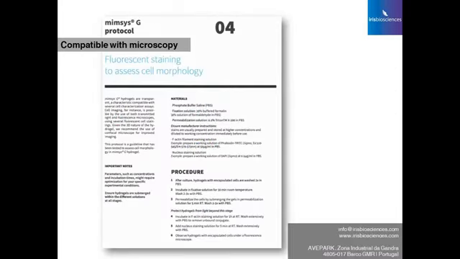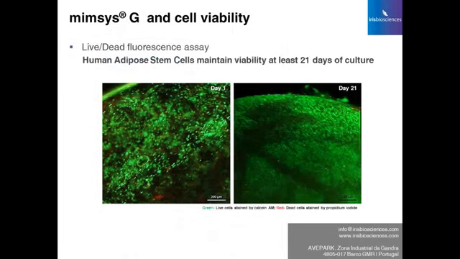And we also prepared protocols to help the user to perform these stainings with the hydrogel. So one of its key features is actually that the hydrogels are compatible with microscopy, either bright field or fluorescence stainings. Here we demonstrate an example of cell viability within mimsys. So we performed live dead fluorescence staining.